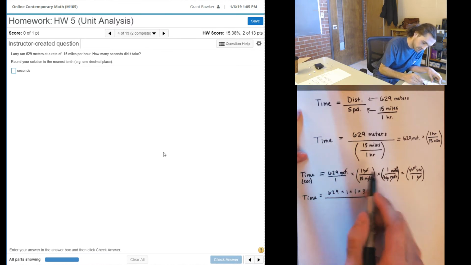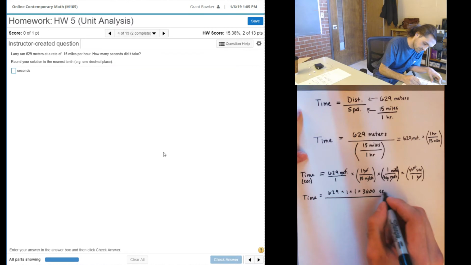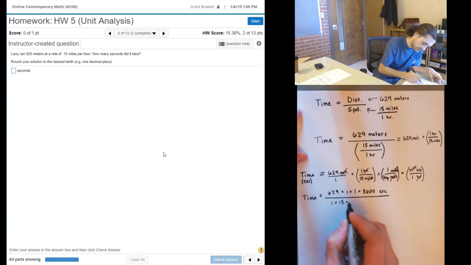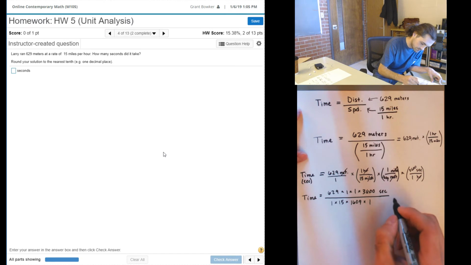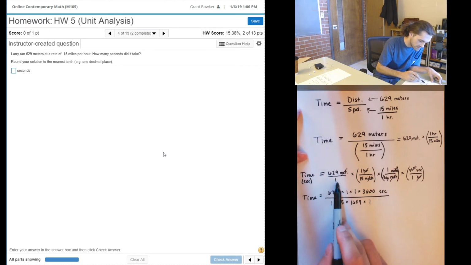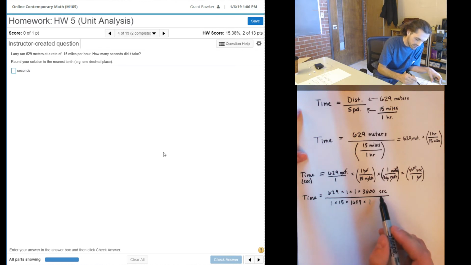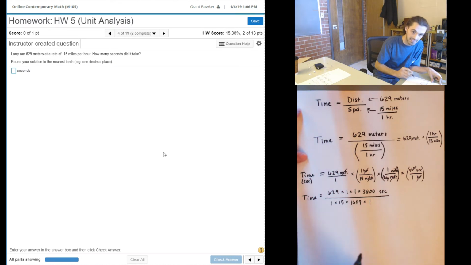Units that survived upstairs, I have seconds. Downstairs, I have 1 by 15 by 1609 by 1. Units downstairs, 1 is unitless, miles went away, meters went away, hours went away. So the only surviving unit I have is seconds, which is exactly what I wanted.